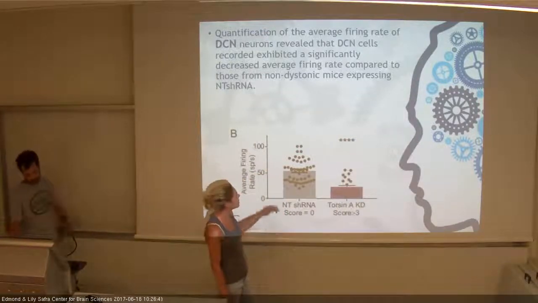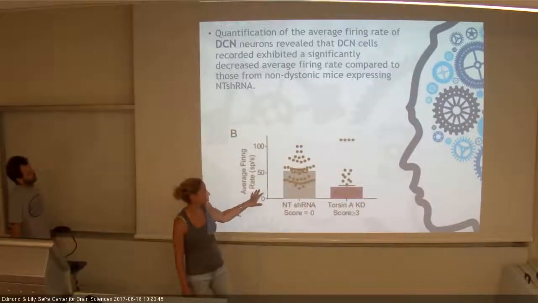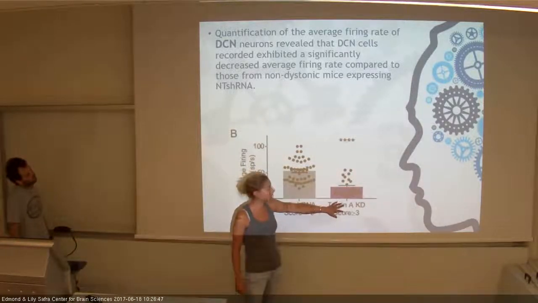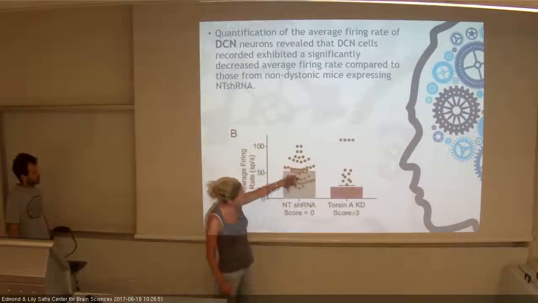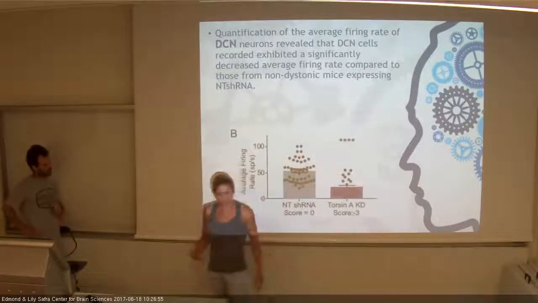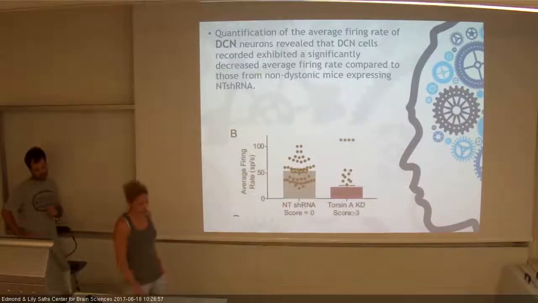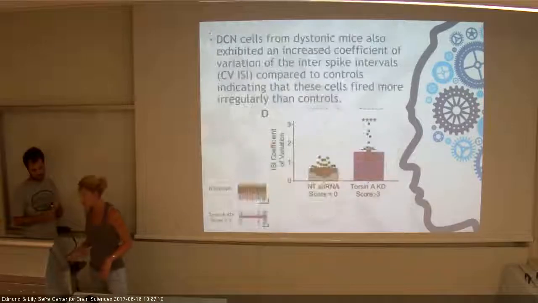And you can see that the average firing rate of the dystonic mice is like half of the non-targeted, and it is really, really significant.